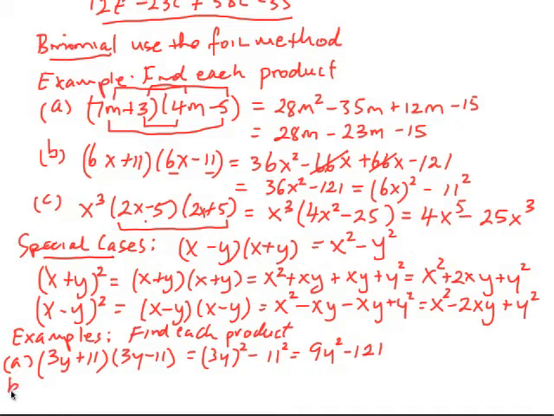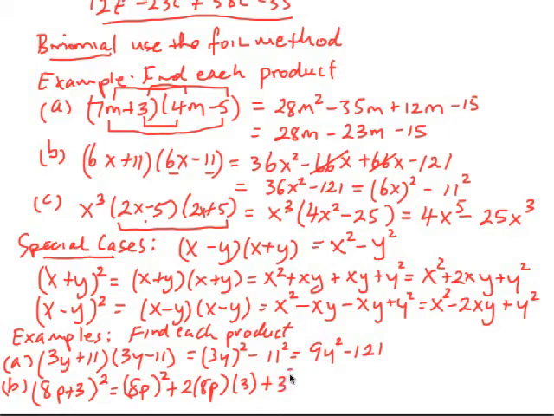Also, for part B, what if we have 8p plus 3 squared? This will be 8p squared, plus 2 times, notice it's 2 times here, 2 times 8p by 3, plus 3 squared.